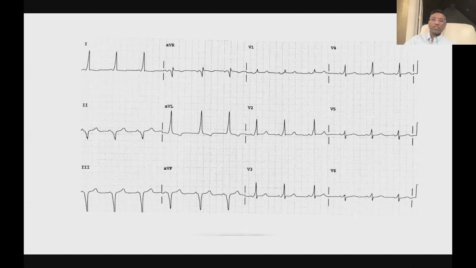From left towards right would be the axis, or the vector of propagation. And so you would get positive in the right heart leads. So the right heart leads V1, V2, looking at the right side of the heart, would see the vector of propagation coming towards it from a left-sided accessory pathway.